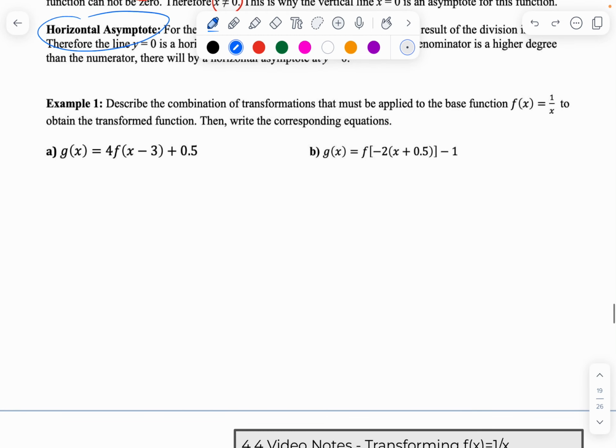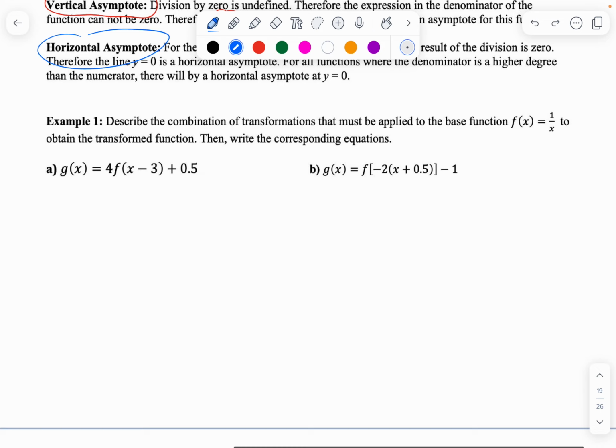All right. So let's do describing the combination of transformations, and then we're going to write the equation. Okay? So here we know that this 4 is happening to the y value, so it's a vertical stretch by 4. All right? And then I can look at this here.